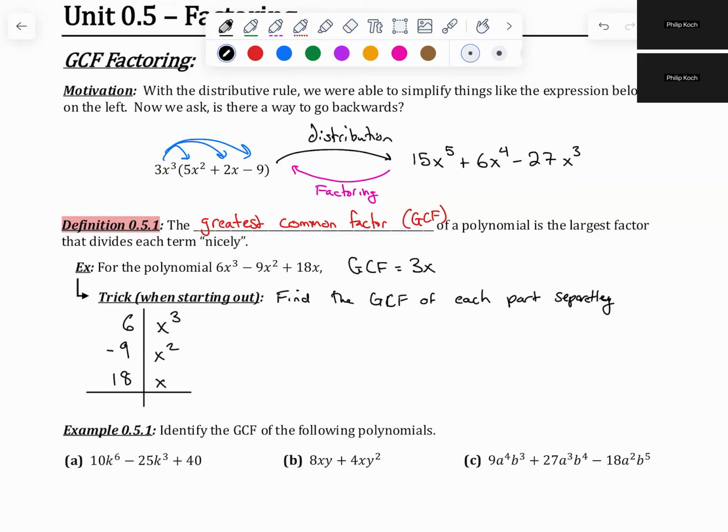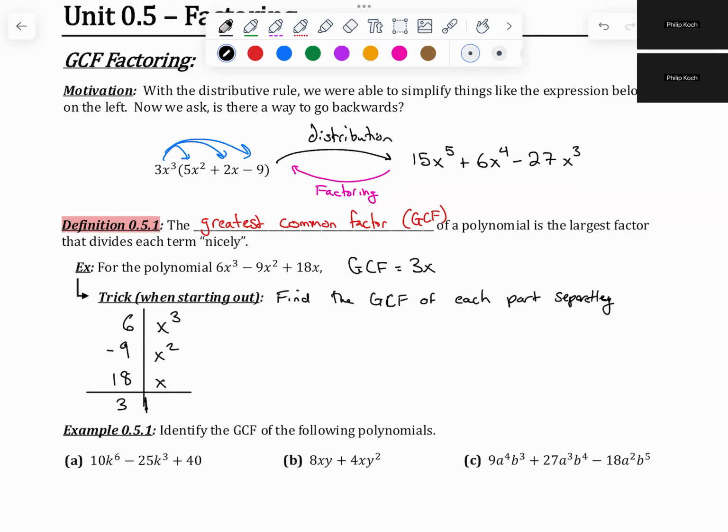Yes, 6 goes into 6 and 18, but it doesn't go into 9 nicely; you get a remainder. So you need the biggest thing that goes into all of them nicely. If this had been 12, then the GCF would be 6. That makes sense? So for us, it's going to be 3.